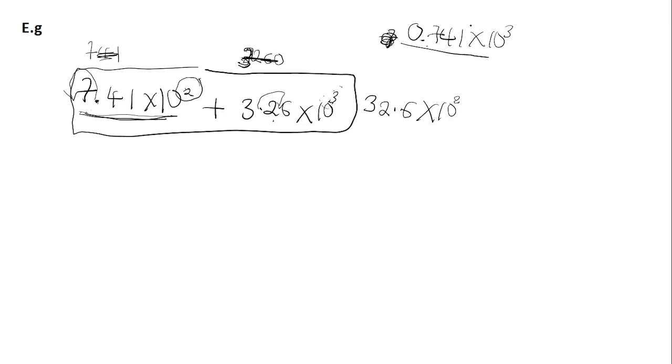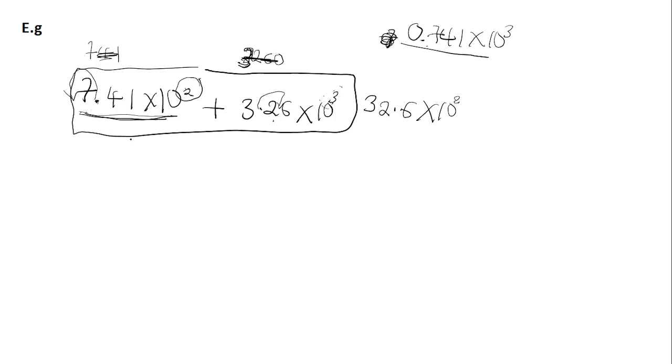So when you are carrying out addition or subtraction, you would prefer going for the bigger number. Always choose the bigger number, and I'm going to tell you the reason. So we have 7.41 times 10 to the power 2 plus 3.26 times 10 to the power 3.